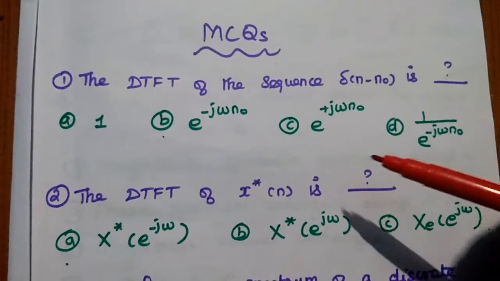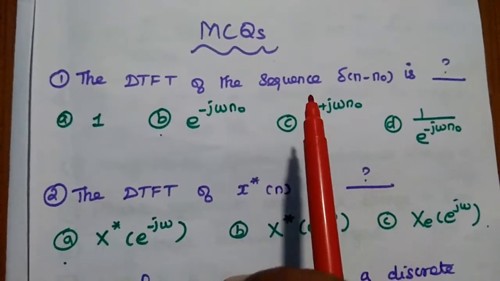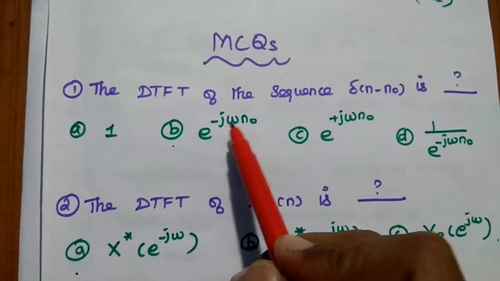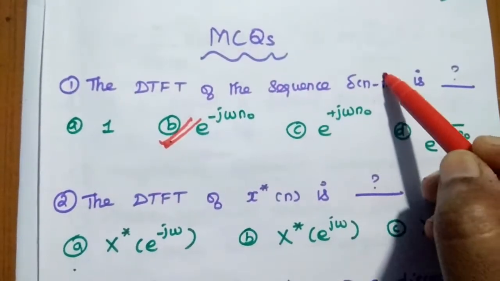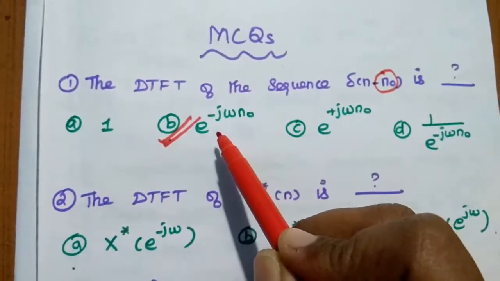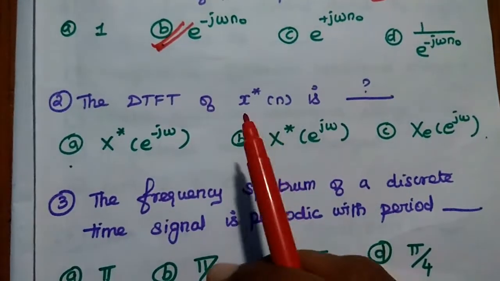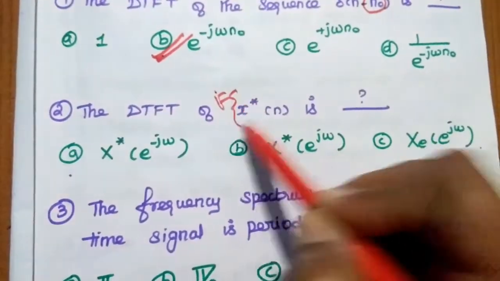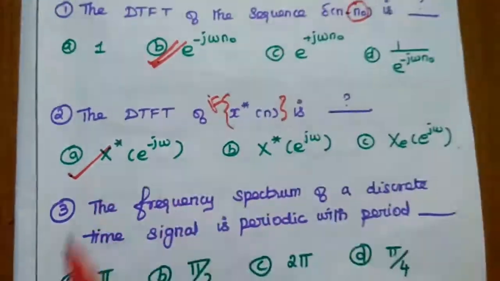So, a quick view of multiple-choice questions in DTFT. The DTFT of the sequence delta of n minus n naught is e power minus j omega n naught, right? We know that, whatever delay is given, that exponential term is multiplied. The discrete time Fourier transform of x star of n, that is the symmetry property, is equal to X star of e power minus j omega.